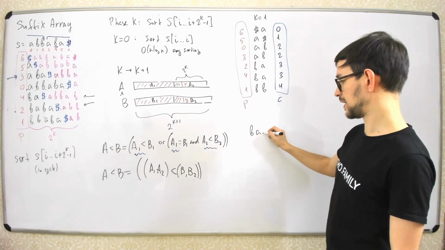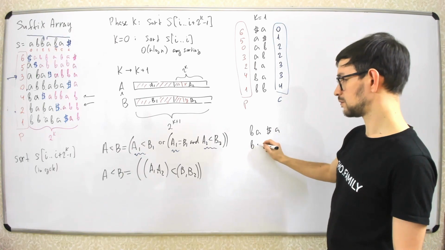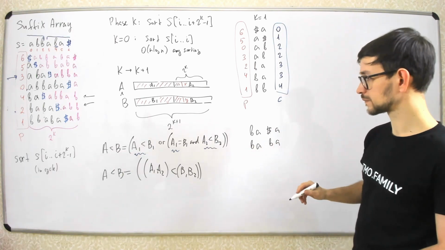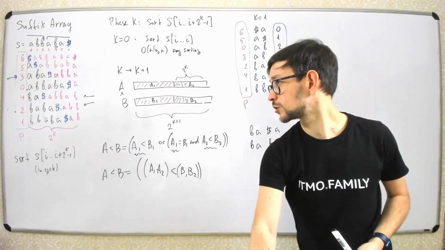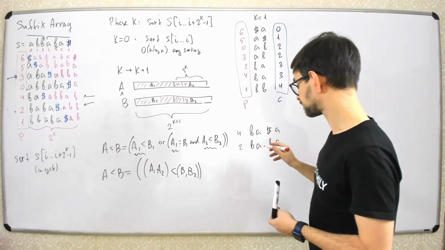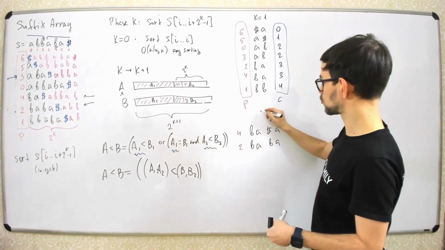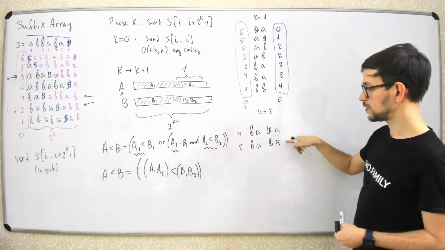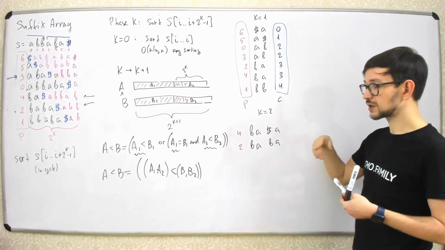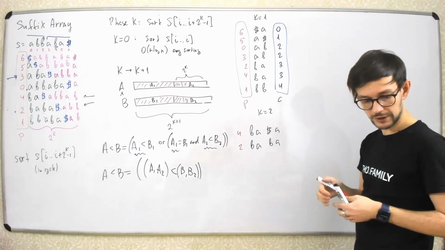So we have string BA$A and string BA. These are the strings in positions 4 and 2. So when we move to phase k equal 2, we need to compare these two strings. These two strings can be split into two strings of size 2, right?